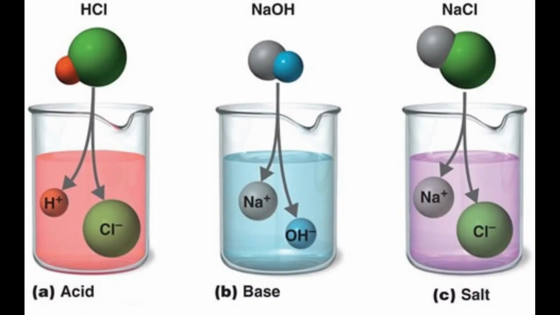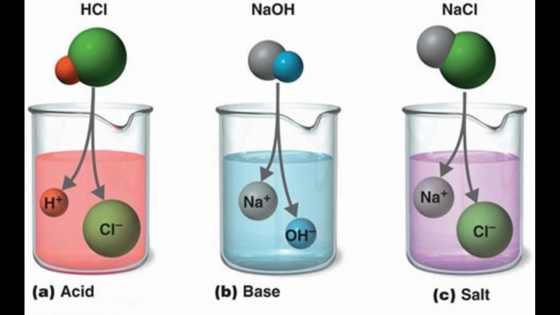Both acids and bases are electrolytes, which means that they are good conductors of electricity. Acids and bases both produce ions in water solution, which we will study about later in detail.